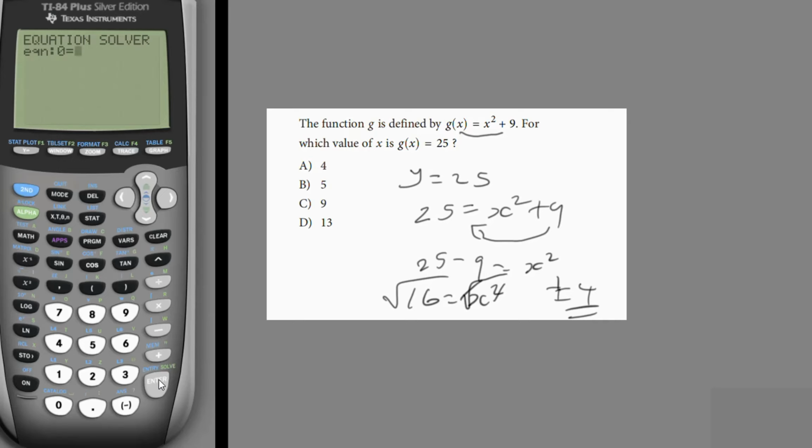You will see that's the calculator I actually use to solve problems on ACT. But for this SAT maths, I'm using the silver edition. So this is how you do it here in the silver edition. It's a bit different in the CE edition, but still the same process. So let's go ahead and solve it on this silver edition.